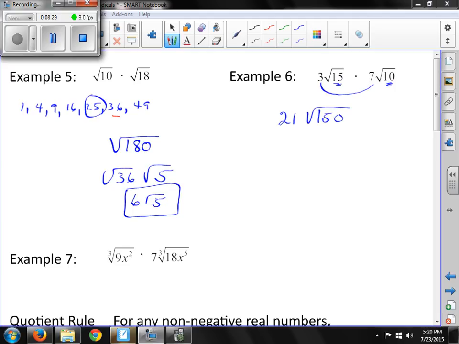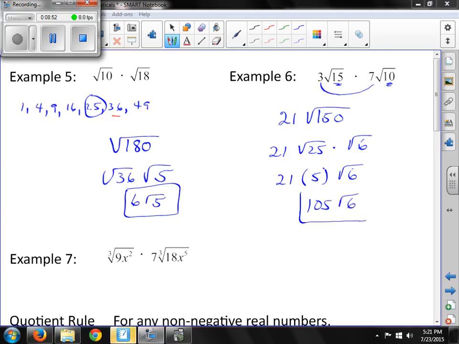I see the perfect square that will go into 150 is 25, so we have 21 times the square root of 25 times the square root of 6, because 25 times 6 is 150. So now I have 21. The square root of 25 is 5. Square root of 6. 21 times 5 is 105 square roots of 6. Final answer.